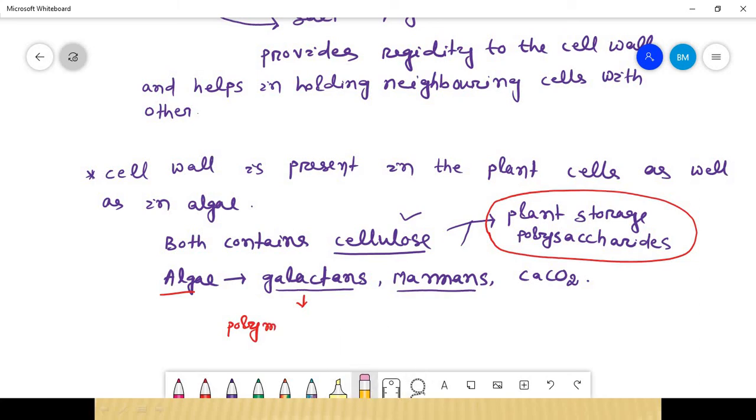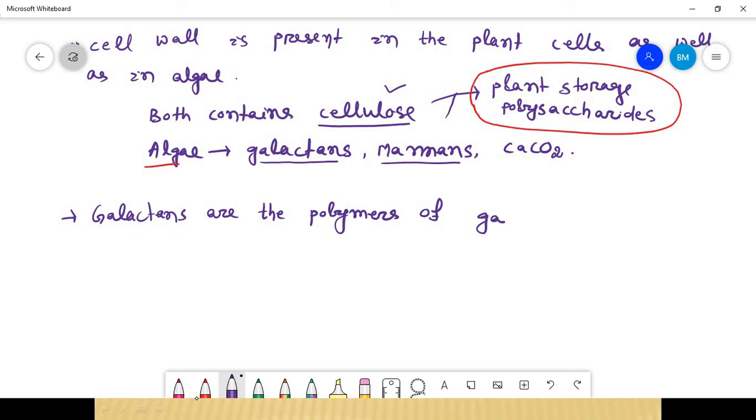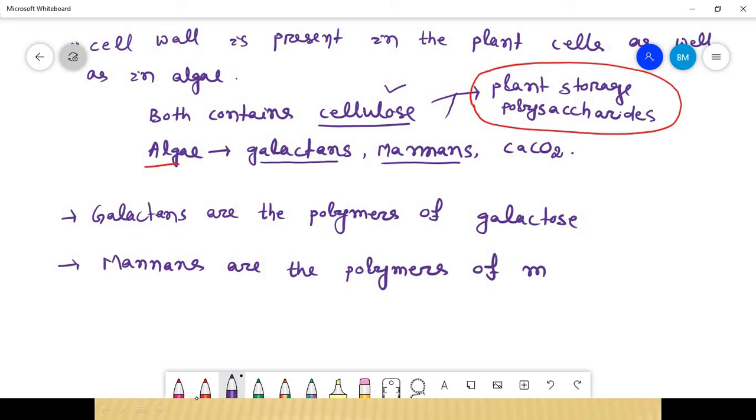Galactans are the polymers of galactose, which is a carbohydrate, and mannans are the polymers of mannose.